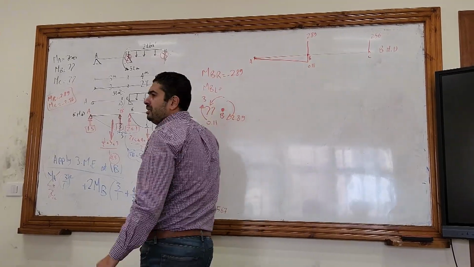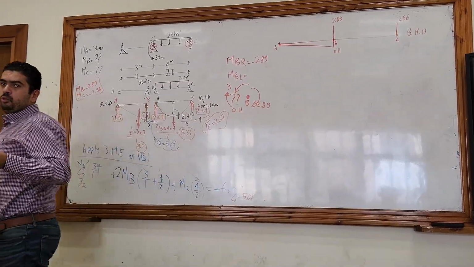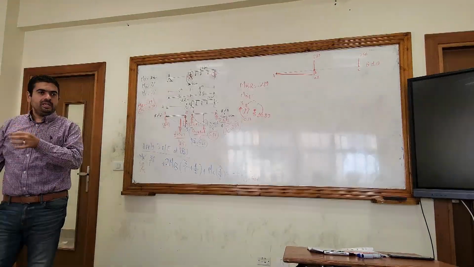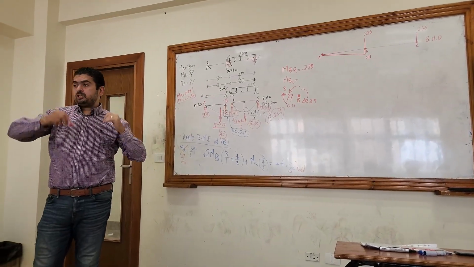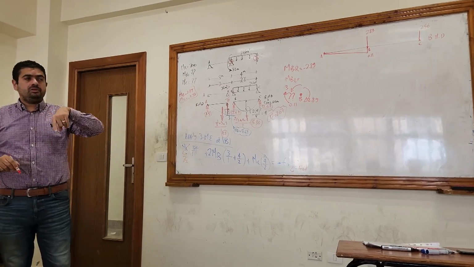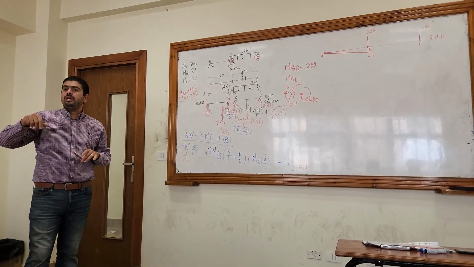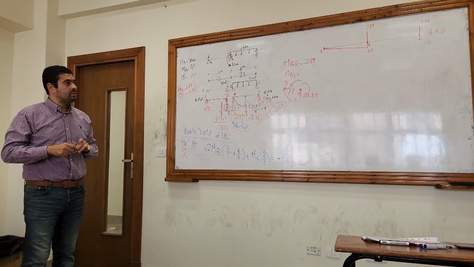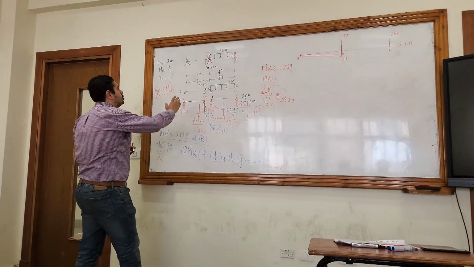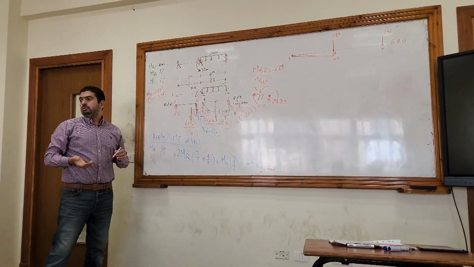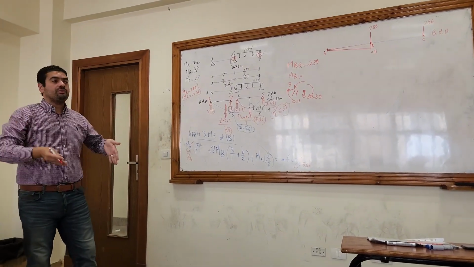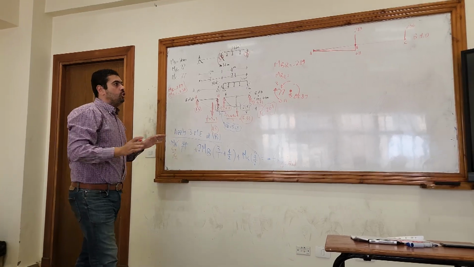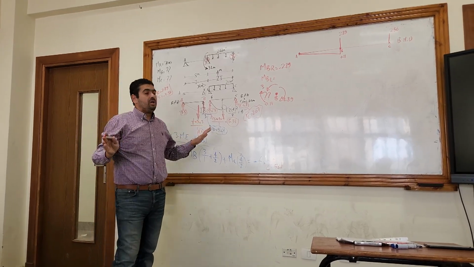Why do I join a solid line? I used to join a dotted line and then either there's a PL squared over 8, or if there is a concentrated load, it will be PL over 4, like the last example. But here the span is not loaded with any load. So why would I join a dotted line? I am sure that it's a straight line, no other corrections.